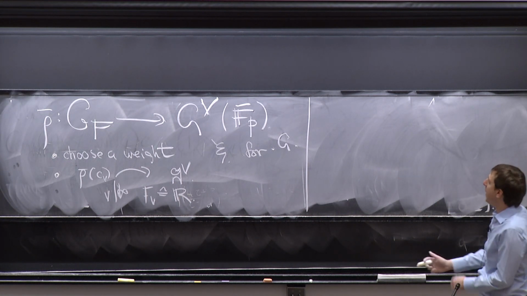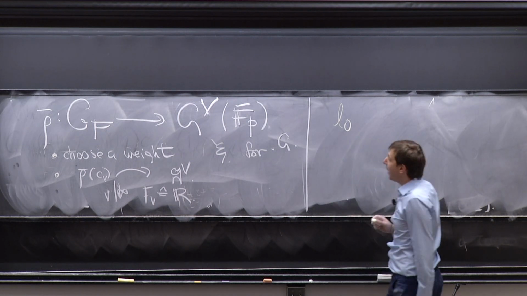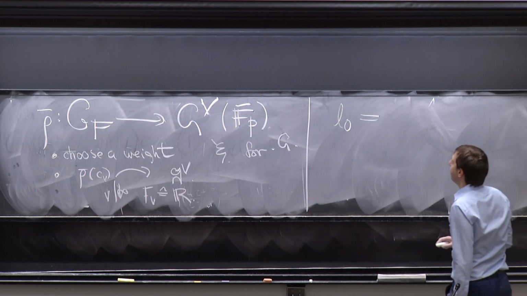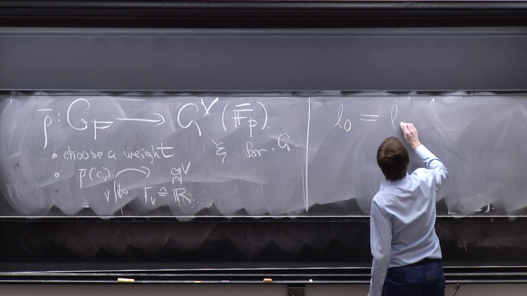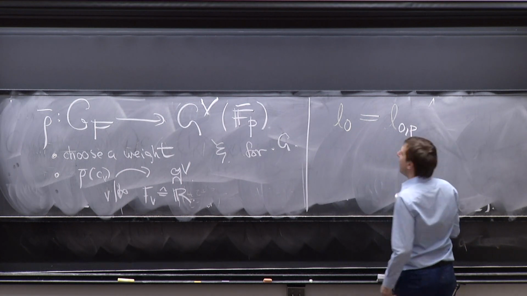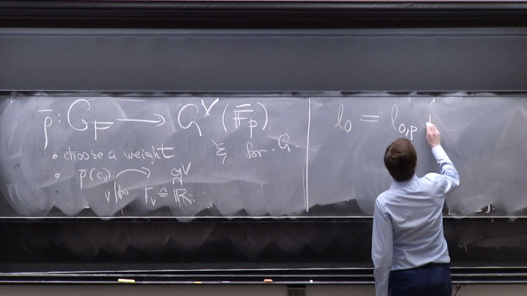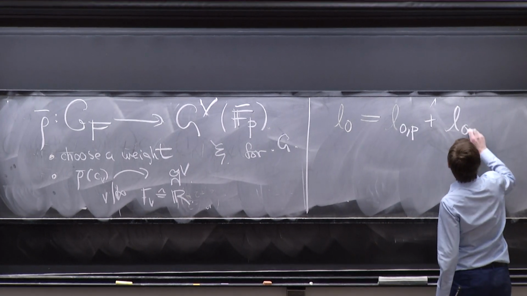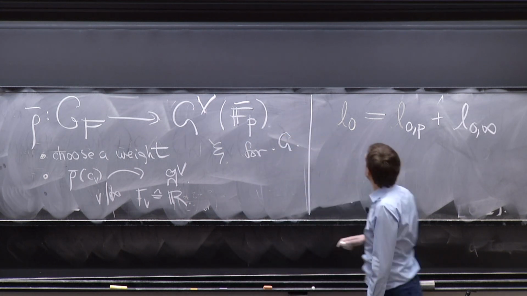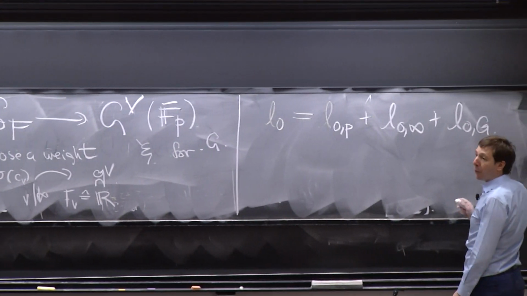So even just from this information, I can write this L0. There are three terms associated to this L0. There's an L0 associated to p, which is to do with this weight, plus an L0 at infinity, which has something to do with complex conjugation, plus an L0 to do with the group G.